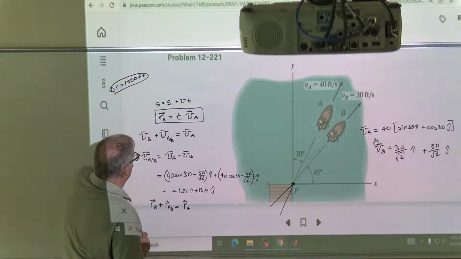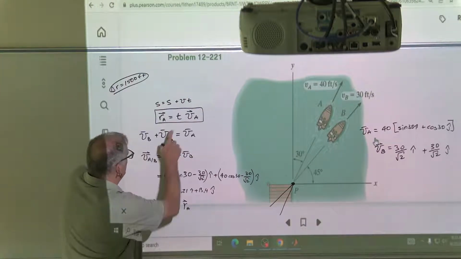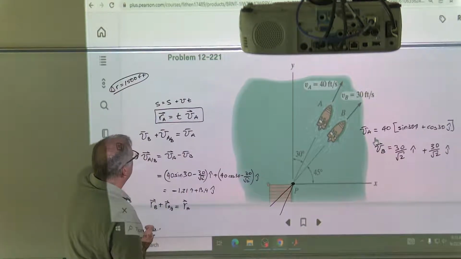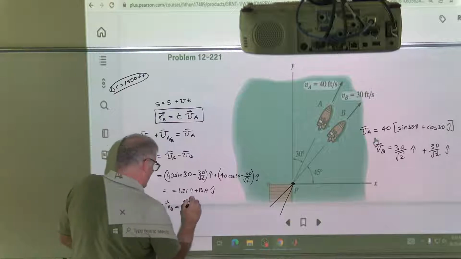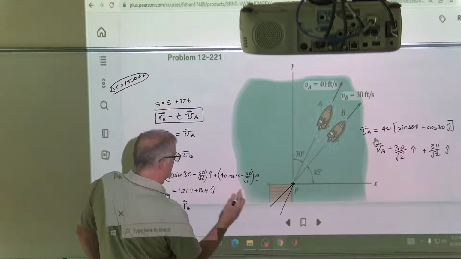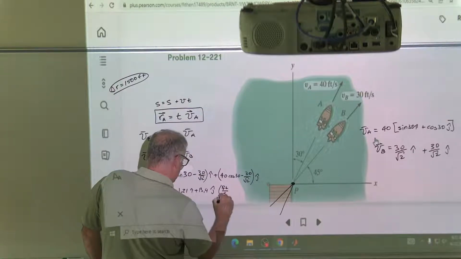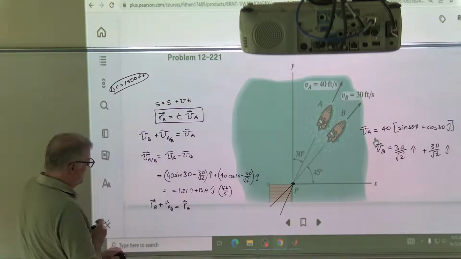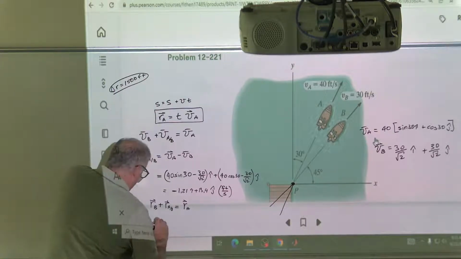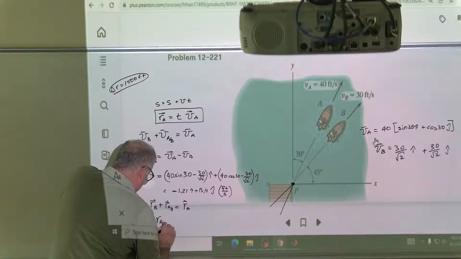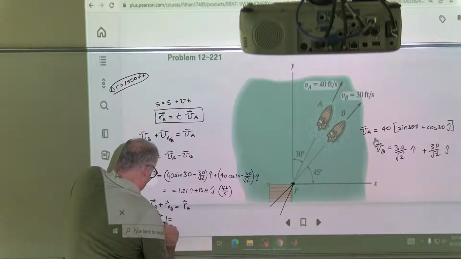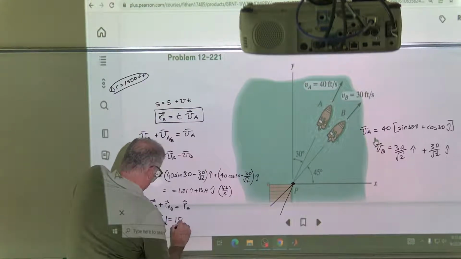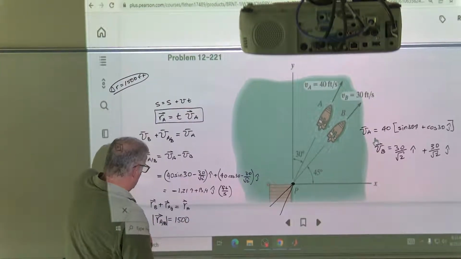Now, if you look at it, actually I have that equation backwards. Hang on, I'll put units here. What is the units? Okay, feet per second. And if I want to know a situation where the length of R A to B is equal to 1500, I've got to figure out what time that occurred.